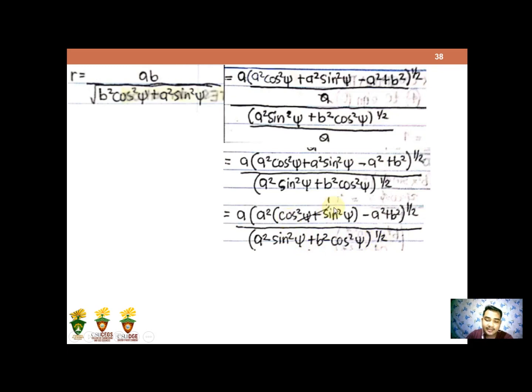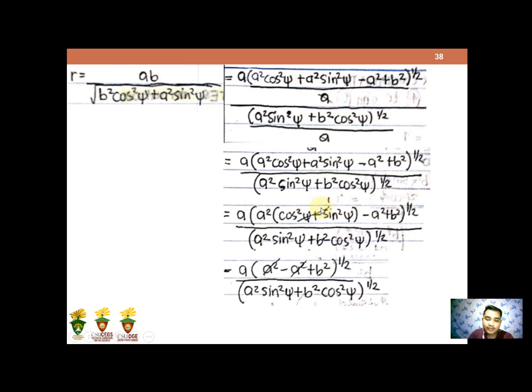But since cosine squared geocentric latitude plus sine squared geocentric latitude was what we broke down earlier, we just put it back. Therefore, it becomes 1, because of the trigonometric identity. Our equation becomes: a squared times a times a squared, which becomes 1, minus a squared plus b squared raised to the power of 1/2, all over the denominator a squared sine squared geocentric latitude plus b squared cosine squared geocentric latitude raised to the power of 1/2.